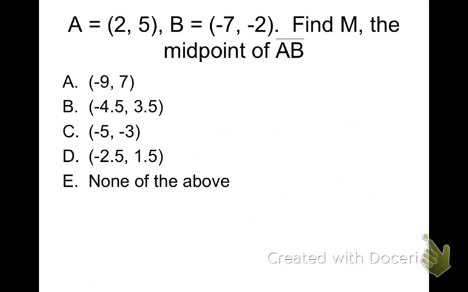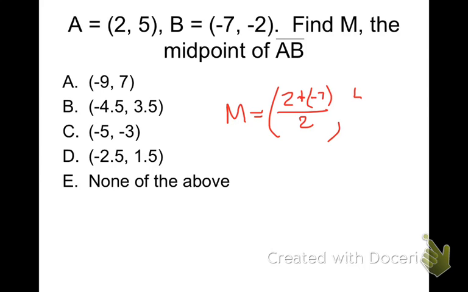In a coordinate plane, A is location 2, 5, B is -7, -2. Find the midpoint of AB. The midpoint M is going to have x-coordinate 2 plus -7 over 2.